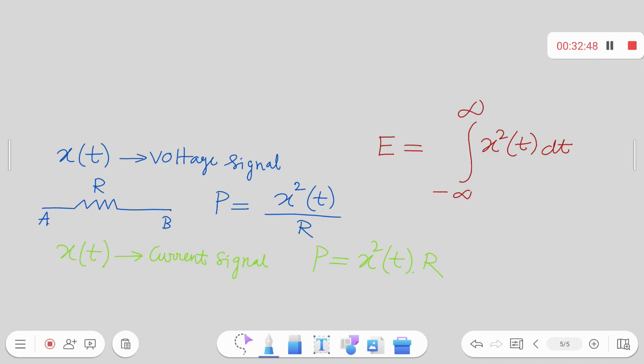Now the problem is that if the signal is defined for all values of the time, for example, let's consider a sinusoidal signal defined for all values of the time. If you compute this integration, what will you get? Suppose you integrate a single cycle of a sinusoid.